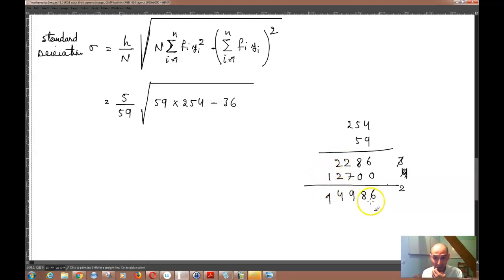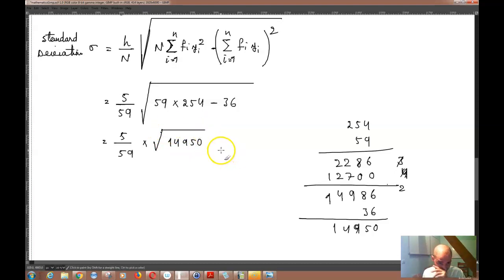So that's 14,986 minus 36, which is 14,950. That is the same thing as 5 over 59 times the square root of 14,950.